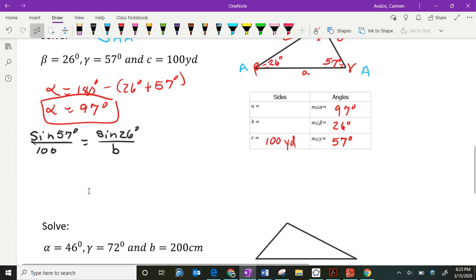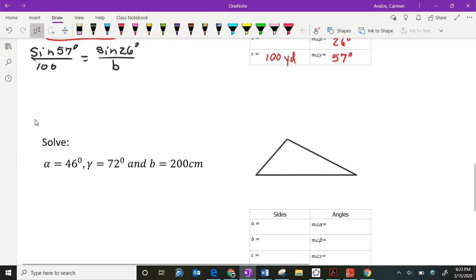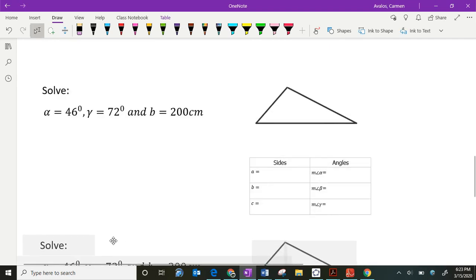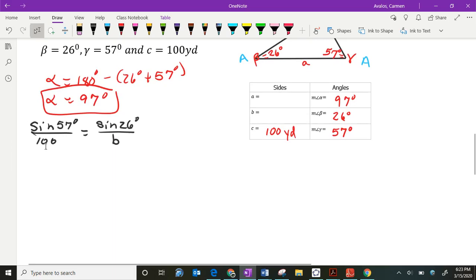So when I solve for it, I am going to do the cross multiplication because it's one fraction equal to another fraction. They're proportional.